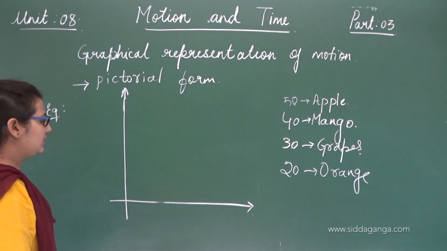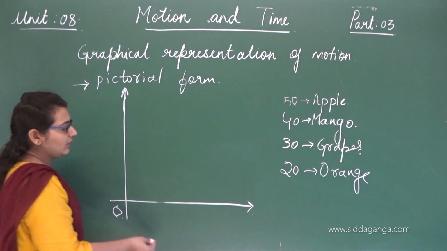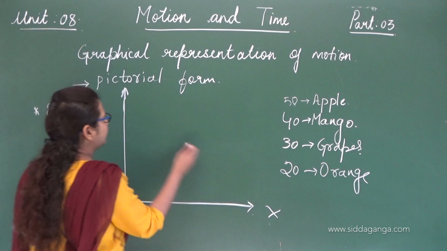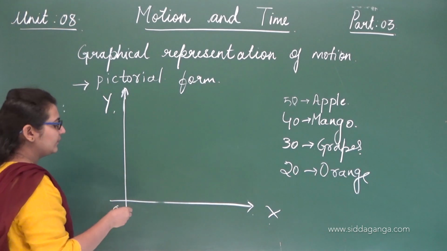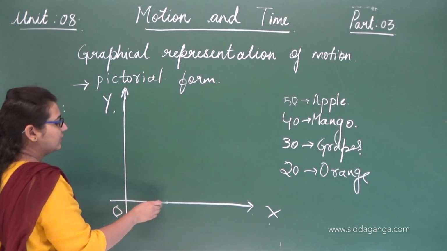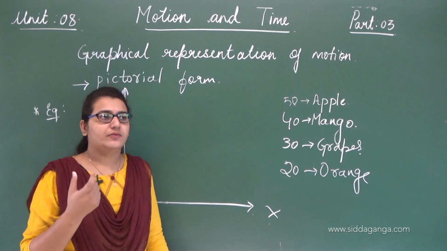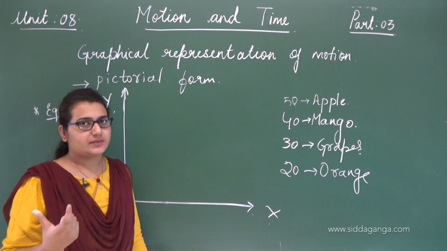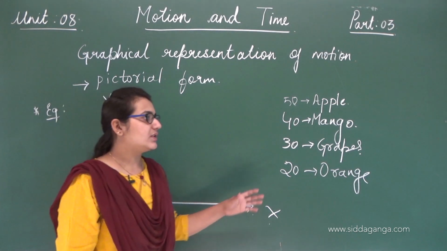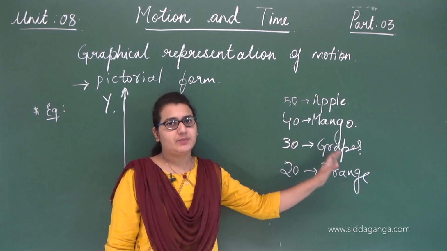So this is the origin, here we have the x-axis, and this is the y-axis. While representing in a graphical form, we represent the variables. Here the variables are the number of students and the types of fruit.